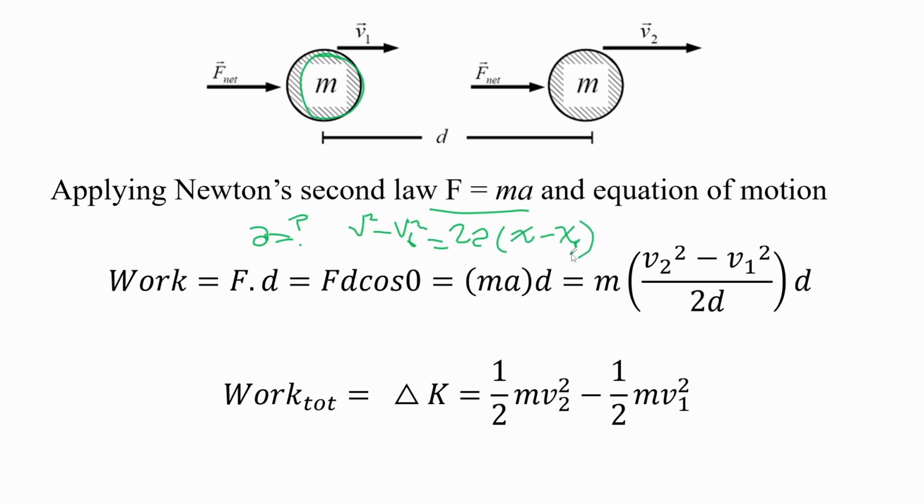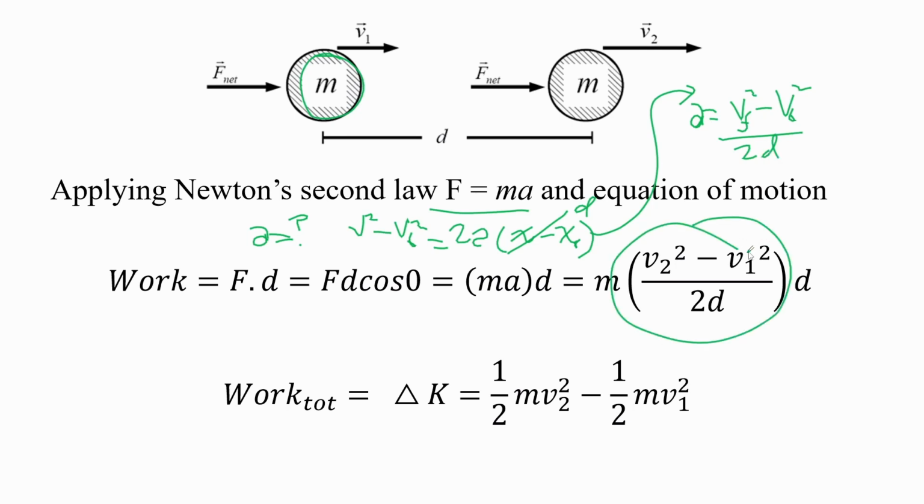So x minus x naught for this case is just d. So rewriting, the acceleration is equal to v final squared minus v naught squared over 2d, hence this one here.